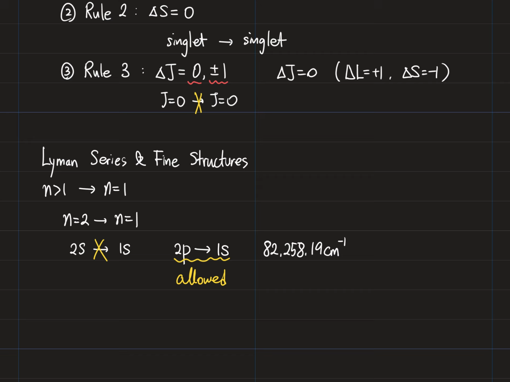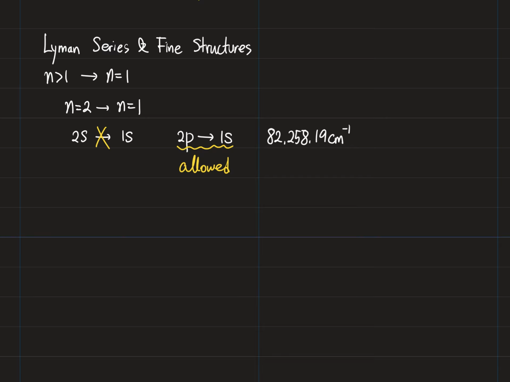But because of spin-orbit coupling, the 2p level splits into two slightly different energy levels. One 2p is J equal 1/2 and another 2p is J equal 3/2.